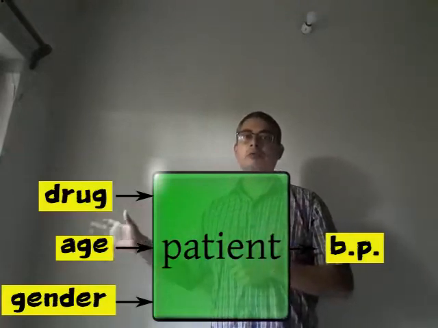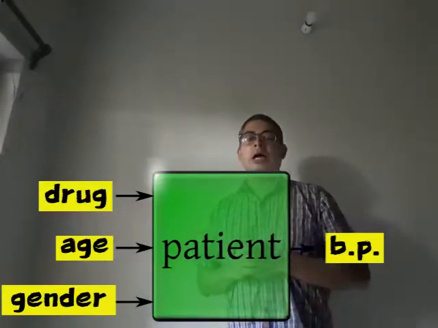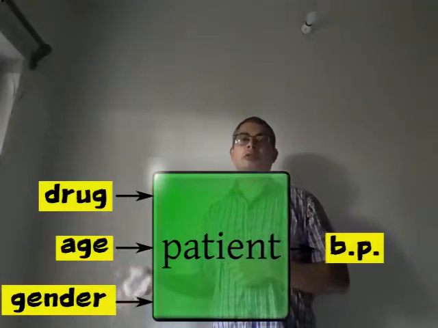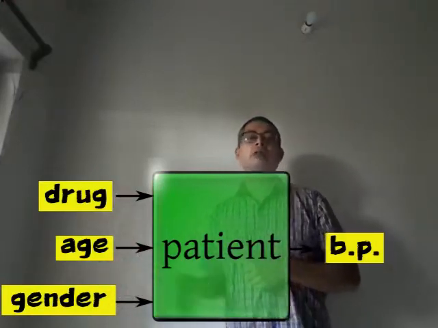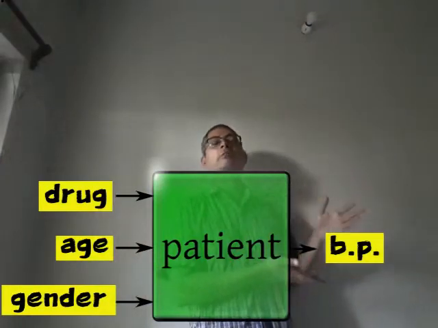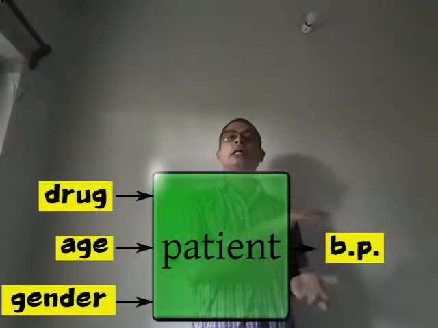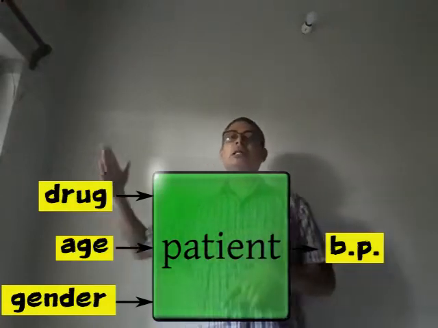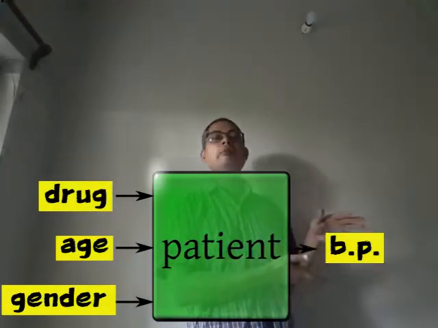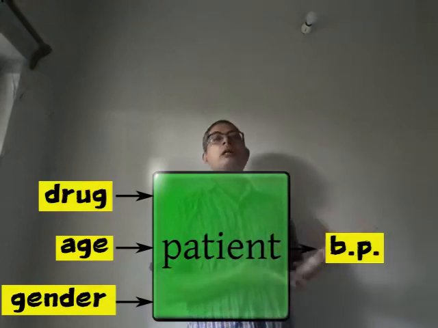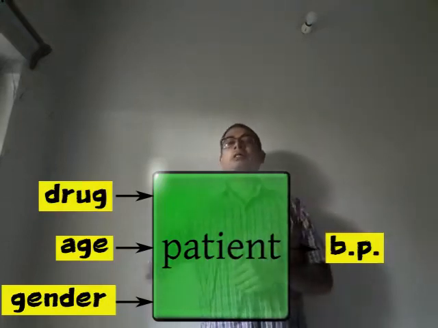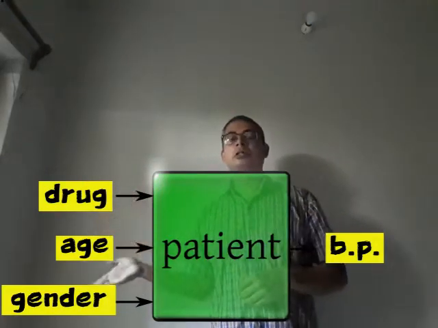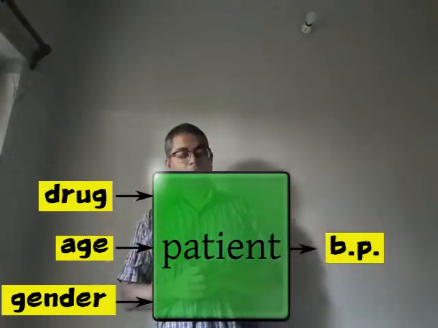So we have another input which is this age, and then the gender of the patient is yet another input. So there are 3 inputs. Based on that, we have the output, which is some kind of diagnostic measure. In this case, I have taken blood pressure, BP. So here the system is the patient, there are 3 inputs, and we are measuring the output. We are trying to understand possibly what is the effect of the drug, whether the effect of the drug depends on age, depends on gender, and things like that.